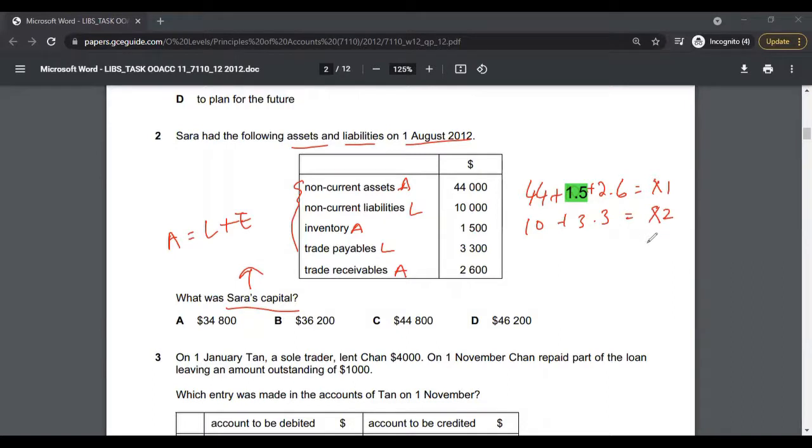So calculate these numbers by yourself, and that will help you a lot. And then this would be X3. X3 is the difference between X1 and X2. Once you have calculated this number, you should arrive at 34,800. Therefore, the answer to multiple choice 2 is option A, 34,800.